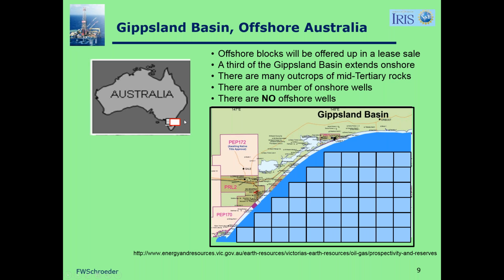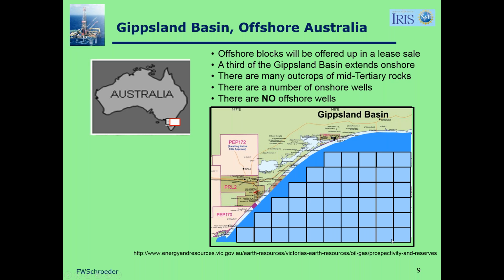And under the Bass Straits, we have a portion of the Gippsland Basin. The Gippsland Basin is 1/3 onshore and 2/3 offshore. And so we have the availability of onshore exposures of the rocks that we are interested in prospecting in the offshore blocks. And the lighter blue squares are the offshore blocks, not actual, but theoretical, that the government of Australia is offering up for lease.